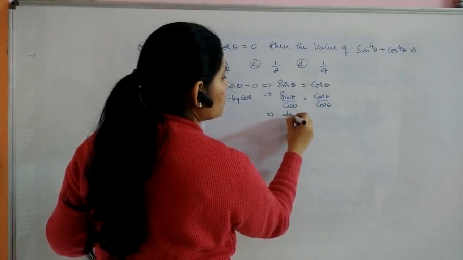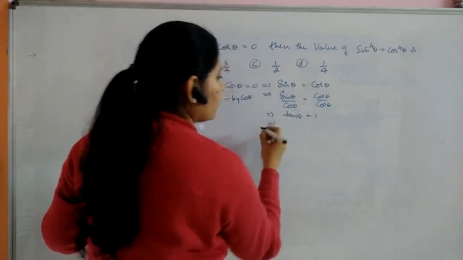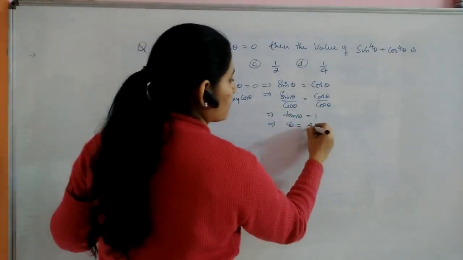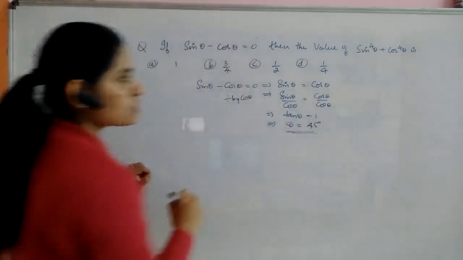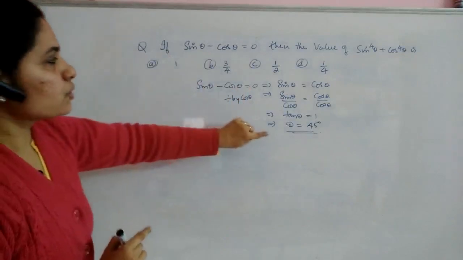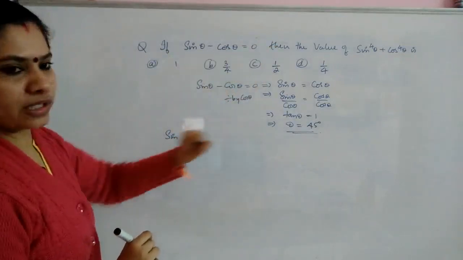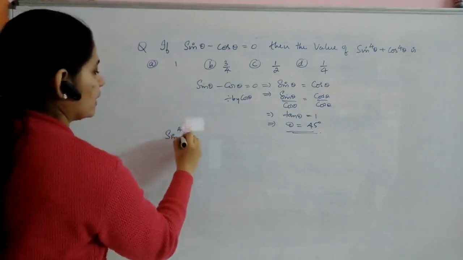So this is giving you tan theta is equal to 1. Now when tan theta is equal to 1, theta is equal to 45 degrees or pi by 4, yes. So you can just use the question and replace theta with 45 in order to get the value required.